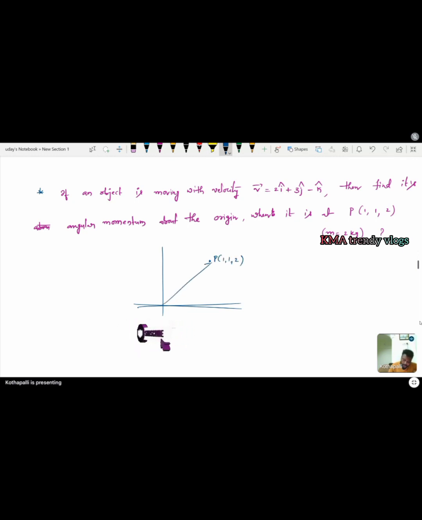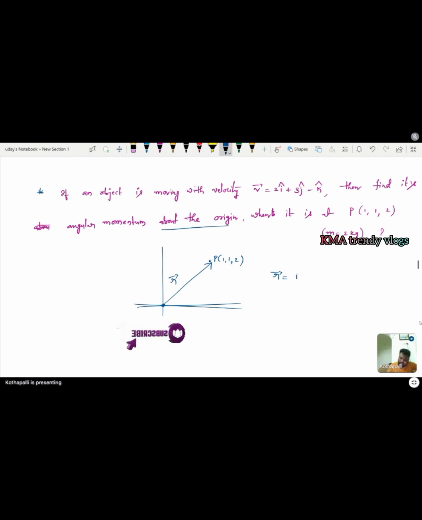So that position vector we can take with respect to the origin, and it is being observed from where? The origin, because I clearly mentioned about the origin. About the origin means what? When the observer is observing from the origin, if it is appearing like rotating in a circular path, what will be its angular momentum? That's the question. So I can say r vector is nothing but final position minus initial position only.